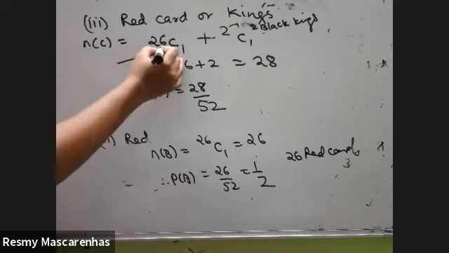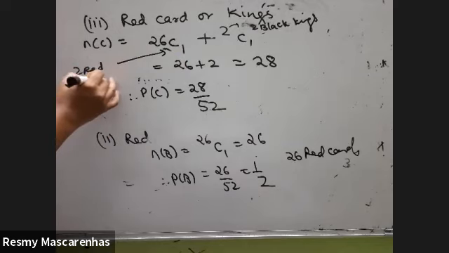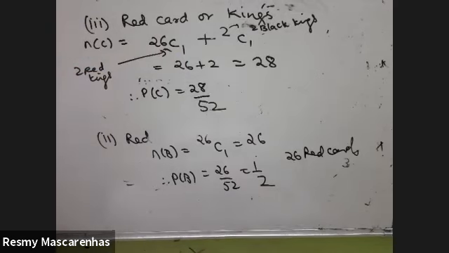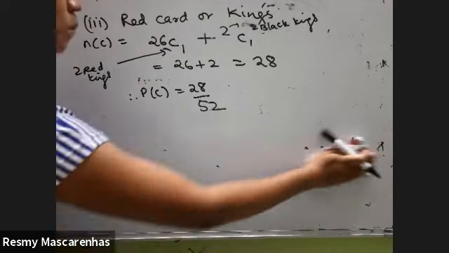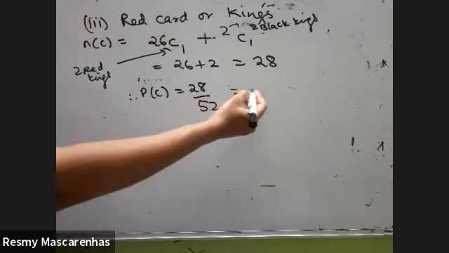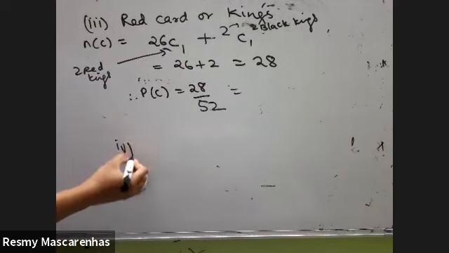Yeah, if you want to write, 2 red kings are already there. So this anyway you calculate, normal calculation.